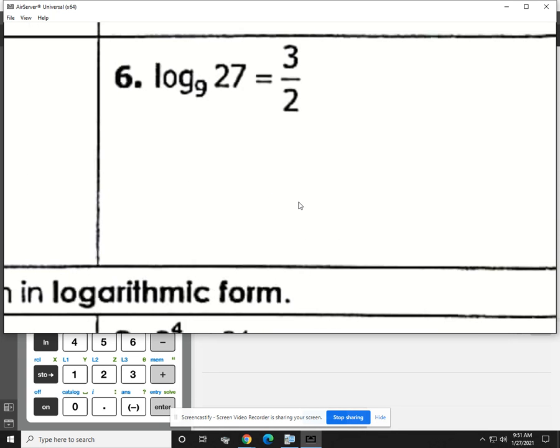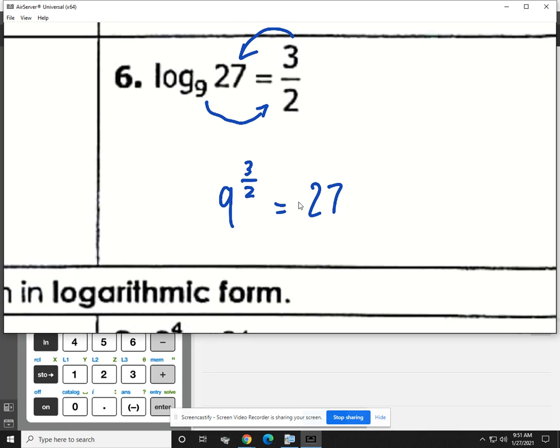Look at number 6. How would I rewrite it? No, remember, just do the loop. 9 to the 3 halves equals 27. Okay? Not as familiar with that one, but it's a fractional exponent. So technically it means the square root of 9 cubed.